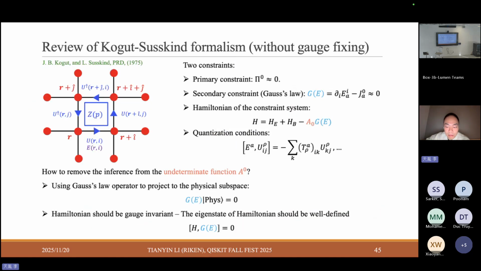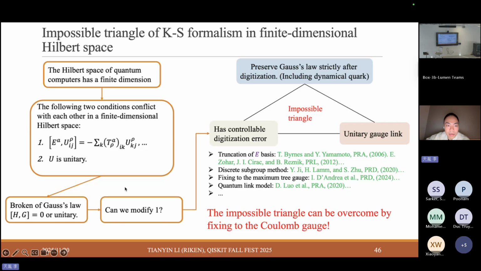If the Hilbert space of the gauge link has infinite dimension, everything in the Kogut-Susskind formalism behaves well.